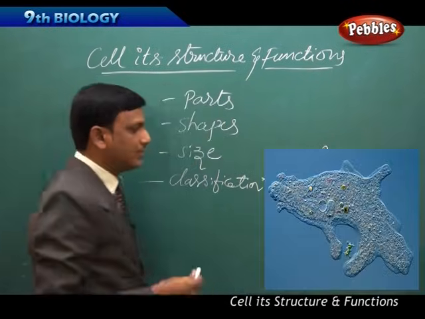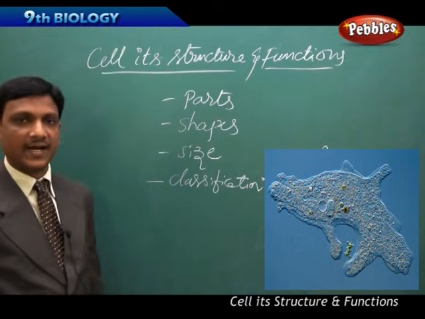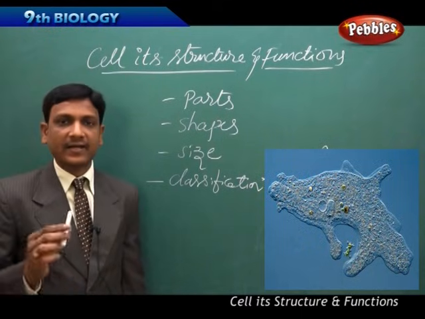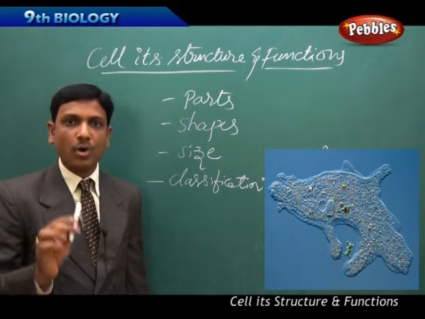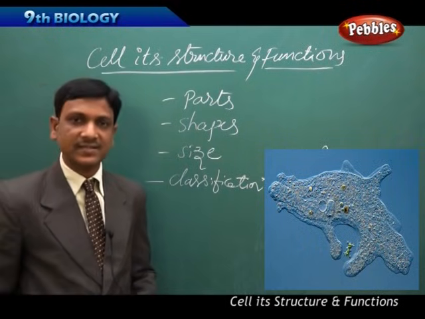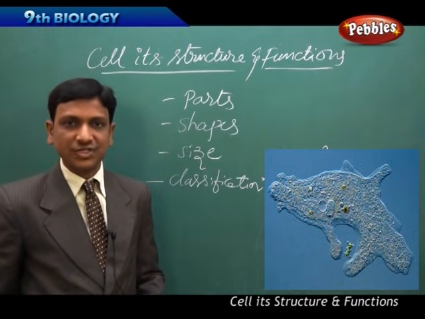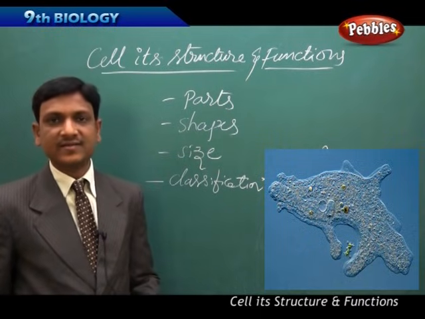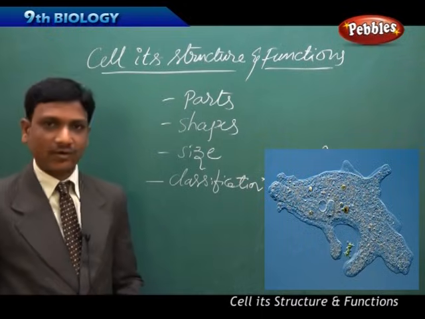So what is this unicellular, multicellular? We learned that the organisms that have only one cell throughout their life are called unicellular organisms. Examples: amoeba, paramecium, euglena. These are the examples of unicellular organisms.